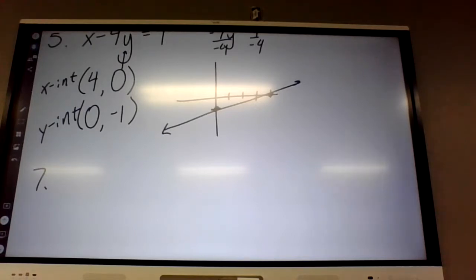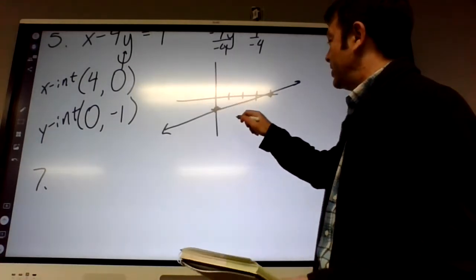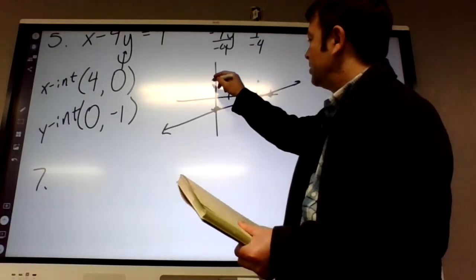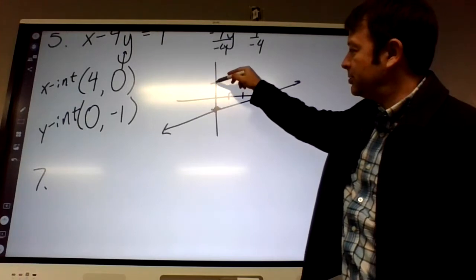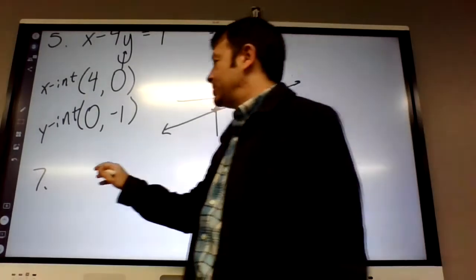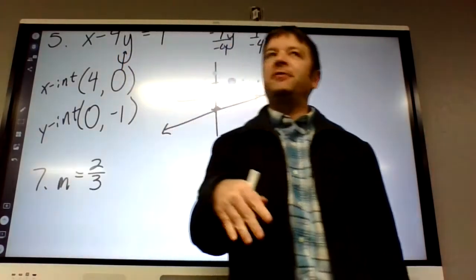So Sarah, what would the rise and the run be between those 2 points? From 0, negative 1, the next one was 3, 1. How much is it rising? 2. How much is it running? 3. So the slope is 2/3.